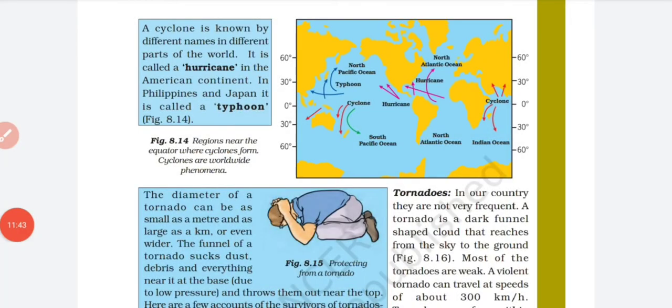Now, a cyclone is known by different names in different parts of the world. It is called a hurricane in the American countries. In the Philippines and Japan, it is called a typhoon. So these are the different names by which we can call the cyclone.